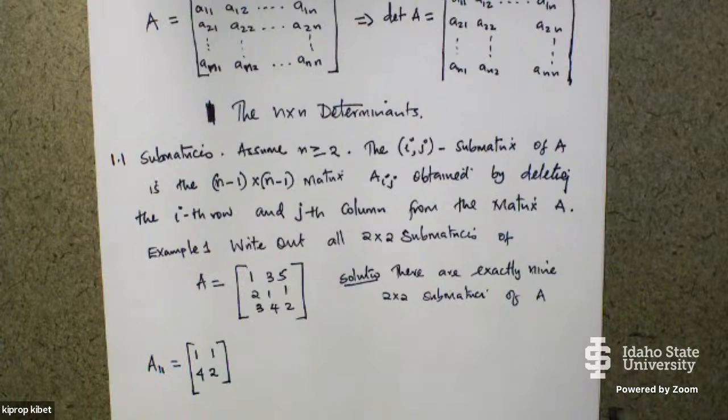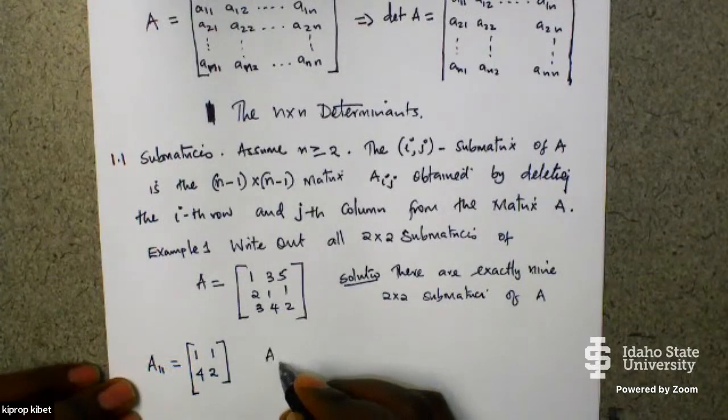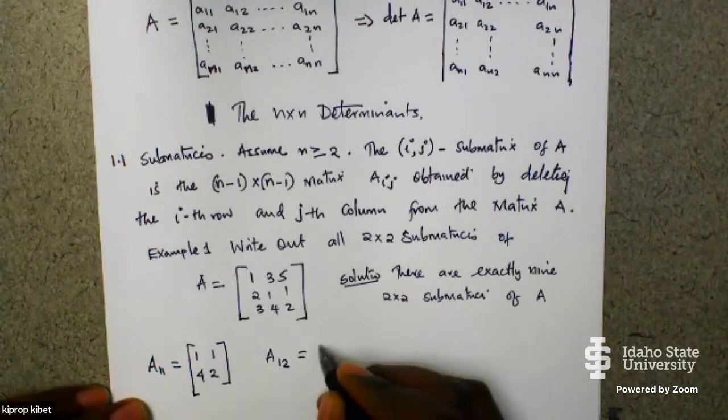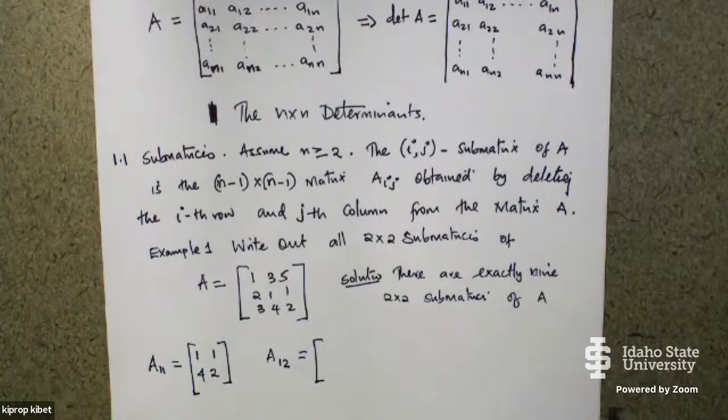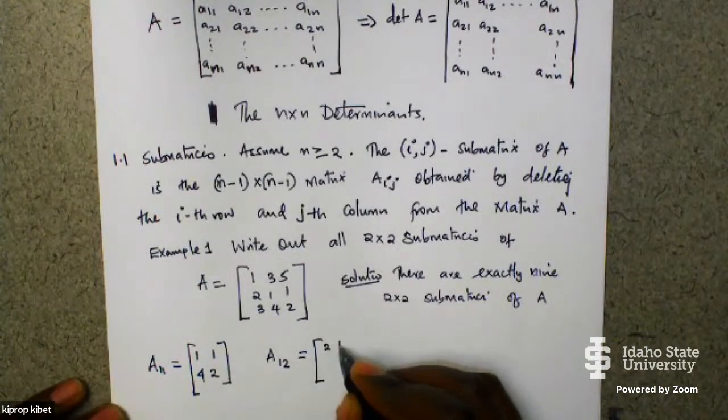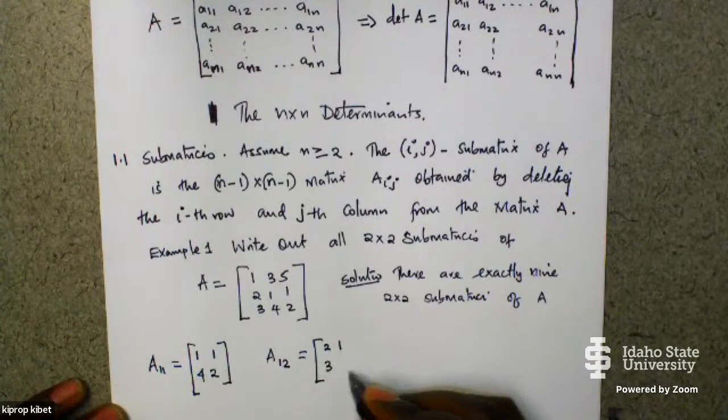To get the second one, A12 is found by deleting the first row and the second column. You get 2, 1, and then 3, 2.